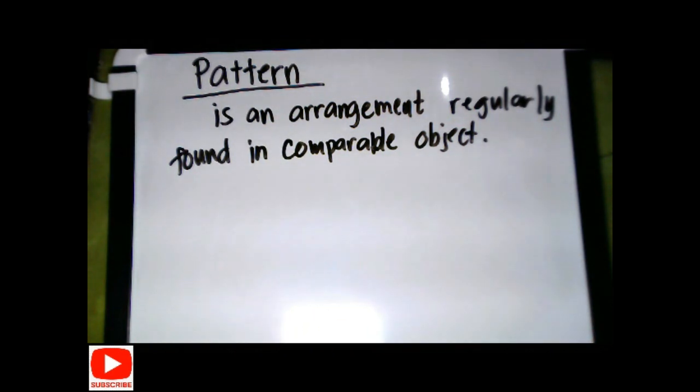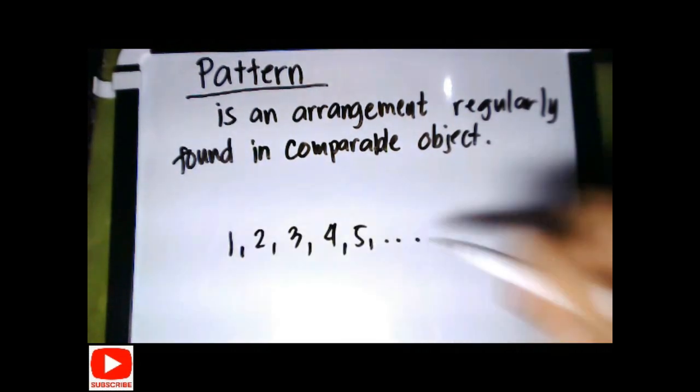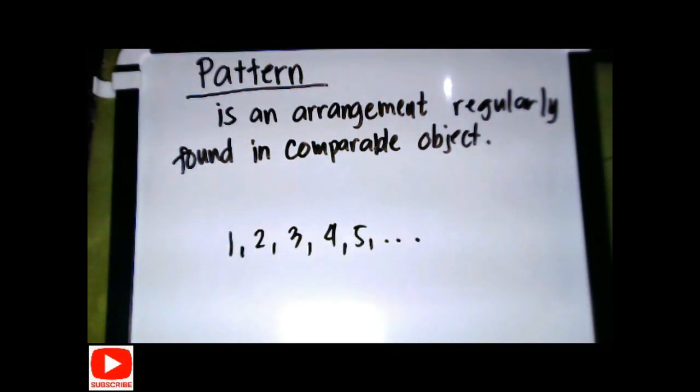And every member of the sequence follows a pattern. So the rule is n. In every term of the sequence, like 1, 2, 3, 4, 5, and so on, there is a certain pattern, or a certain rule.